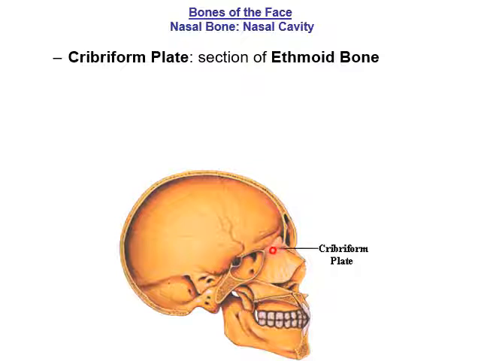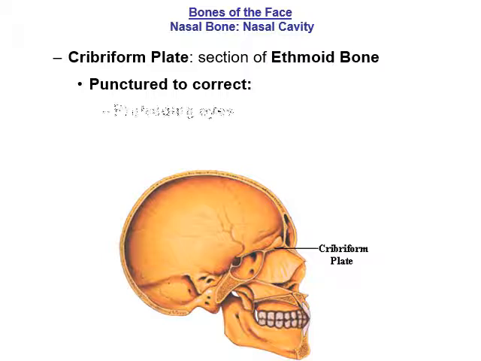It forms a little bit of the base of your skull, and the cribriform plate is used to puncture in cases where we have possibly protruding eyes, usually due to some kind of gas buildup. Small caliber gun wounds do this quite a bit. Gas gets into the skull and it has nowhere to go, so it protrudes the eyes out. To get the gas out, you would puncture the cribriform plate with a trocar.